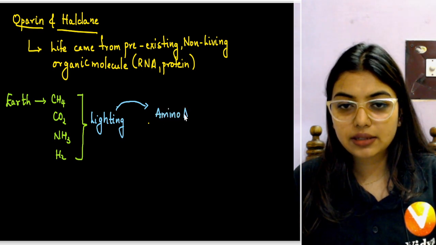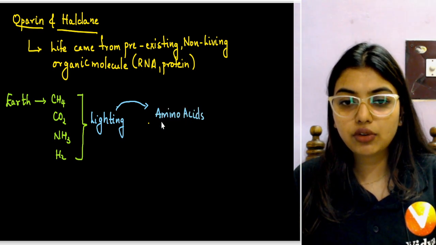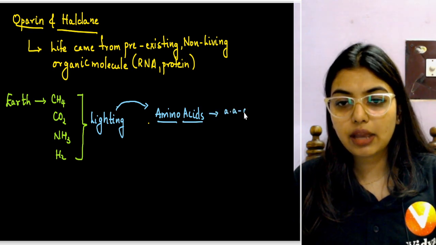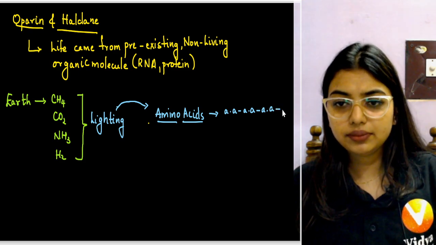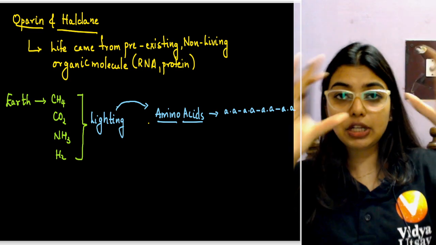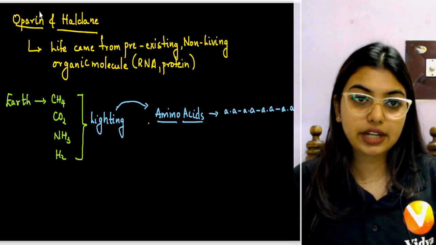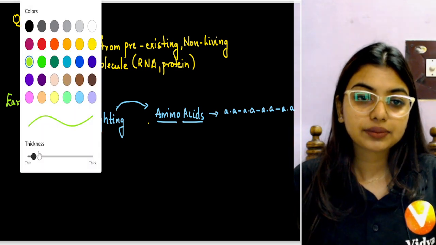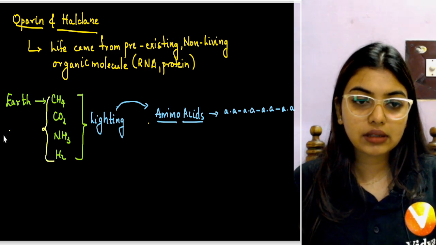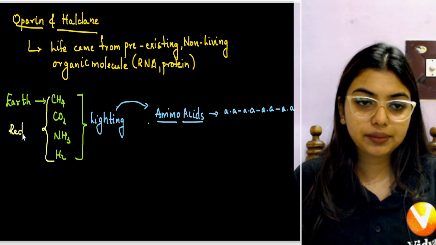Obviously you all know many amino acids combine with peptide bonds to form proteins. This all makes sense, no? So, because of this reducing atmosphere, this is the reducing atmosphere on Earth.